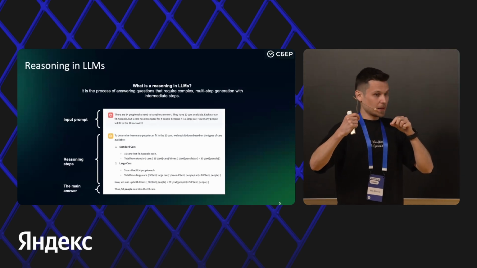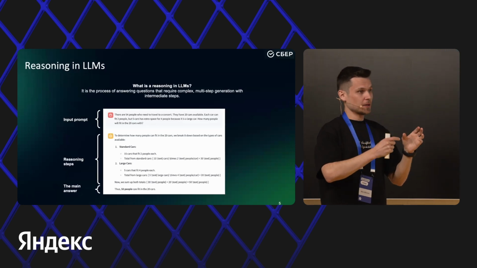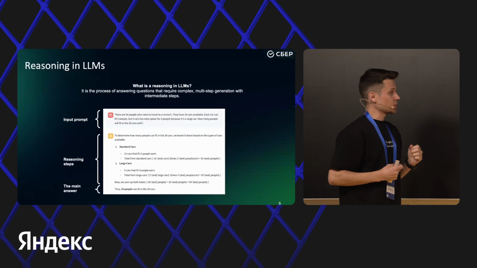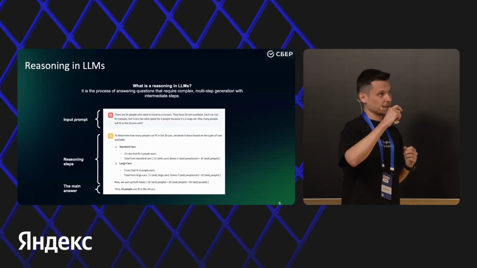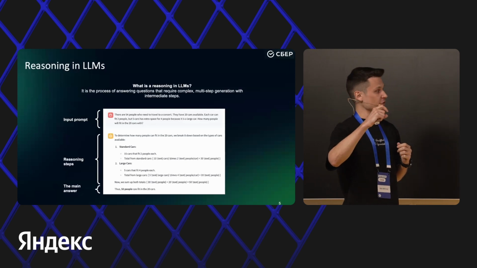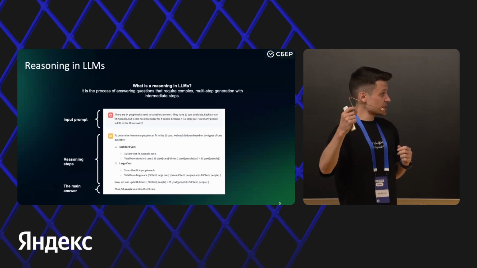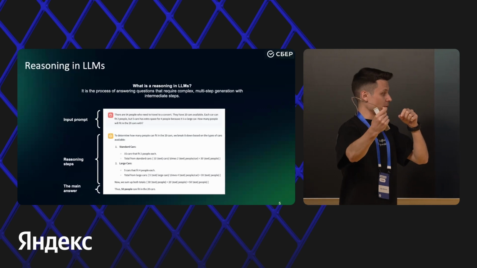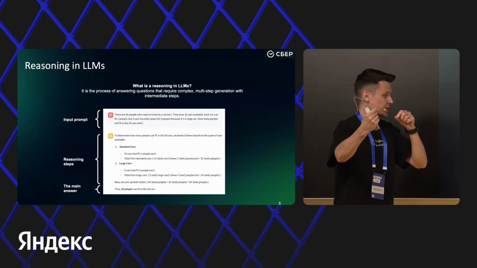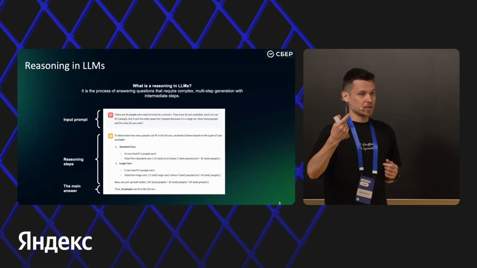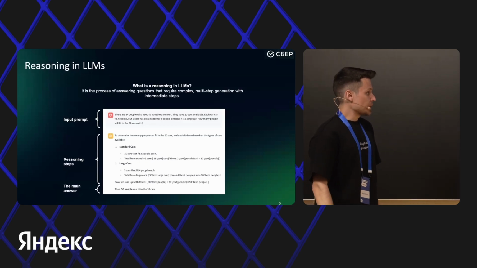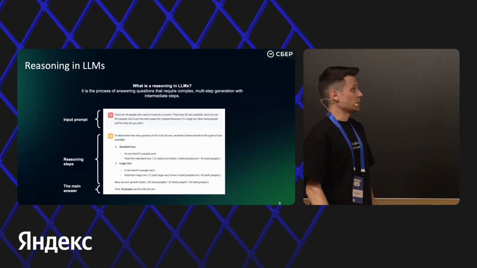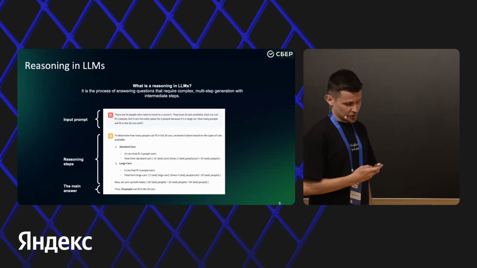It is better for the LLM because the LLM and humans process information differently. If you remember from the beginning, when I talked about how LLMs work, I said that an LLM predicts and generates tokens or words in sequence. Because of that, by generating more tokens and in the end providing the final answer, there is a big probability that this final answer will be correct. And I can say that this is the whole idea about reasoning in large language models.